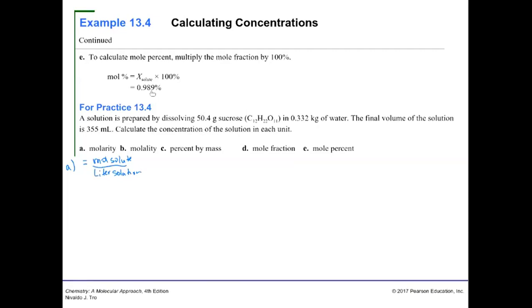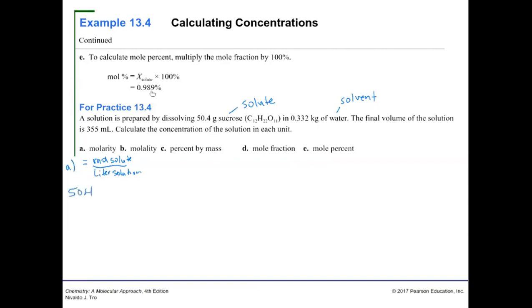We do need to go ahead and identify that sucrose is our solute. That's the stuff that's getting dissolved in this much water. So water is our solvent. Identifying those can definitely be helpful. We're not given the moles, but we are given the mass of the solute, so we know how to convert that.